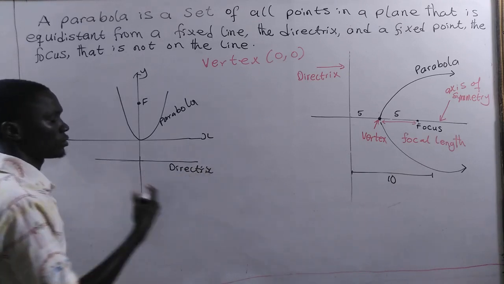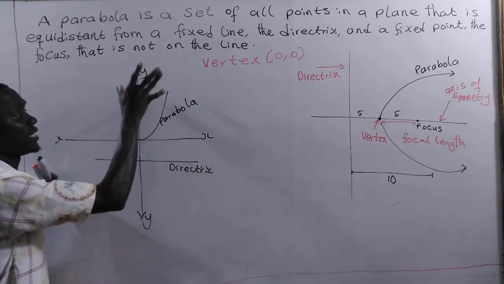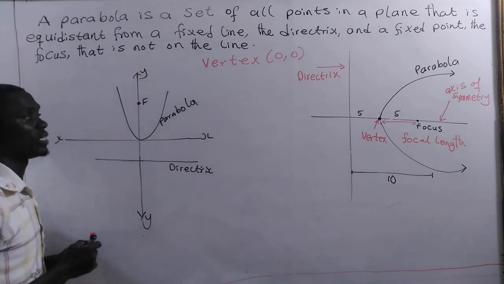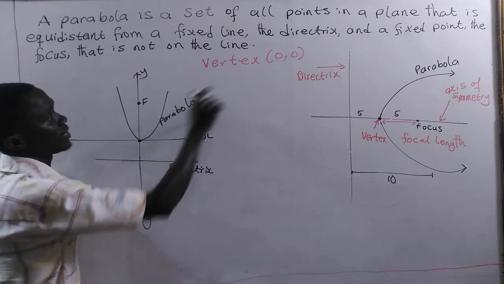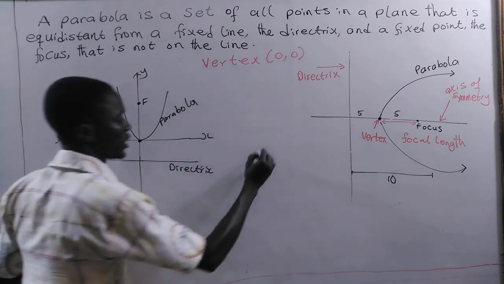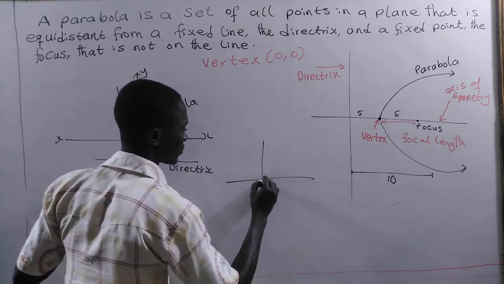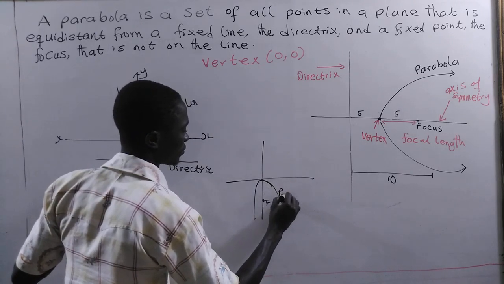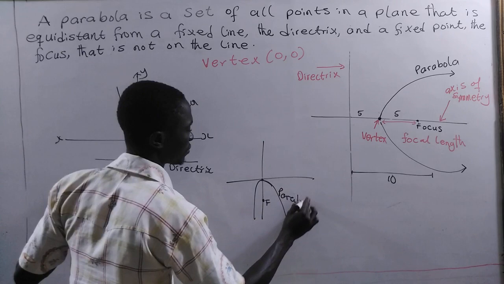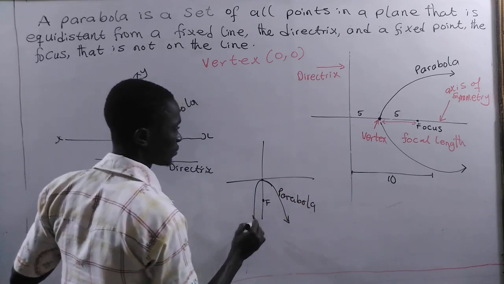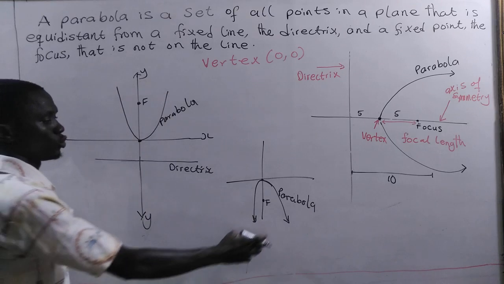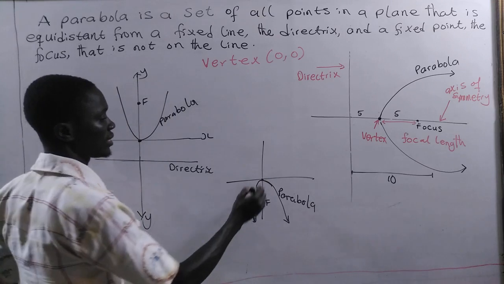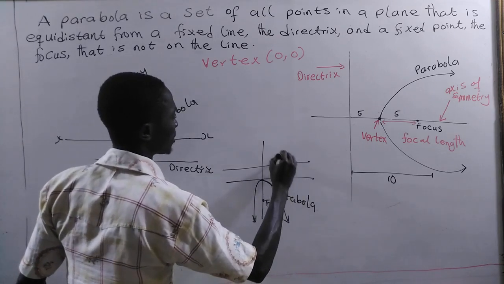So you can also draw a parabola opened upwards with the focus on the positive y-axis and the vertex at point 0, 0. You can also draw a parabola like this with the vertex at 0, 0 opening downward with the focus on the negative y-axis, and this will be our directrix.